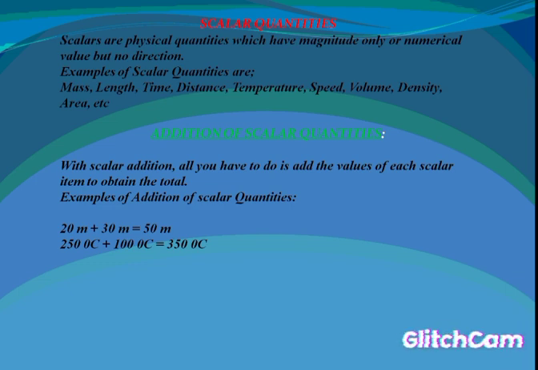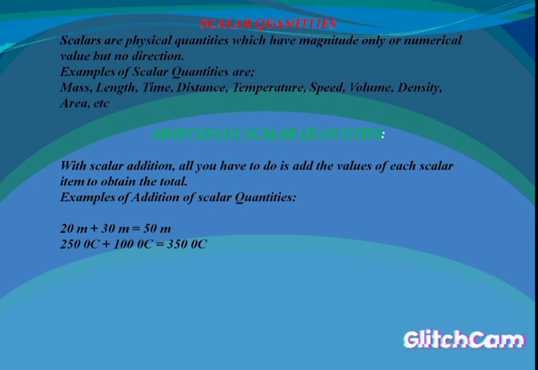That is to say, we can describe scalar quantities based on their magnitude or size without taking into consideration their directions. Examples of scalar quantities are mass, length, time, distance, temperature, speed, volume, density, area, and so on and so forth.